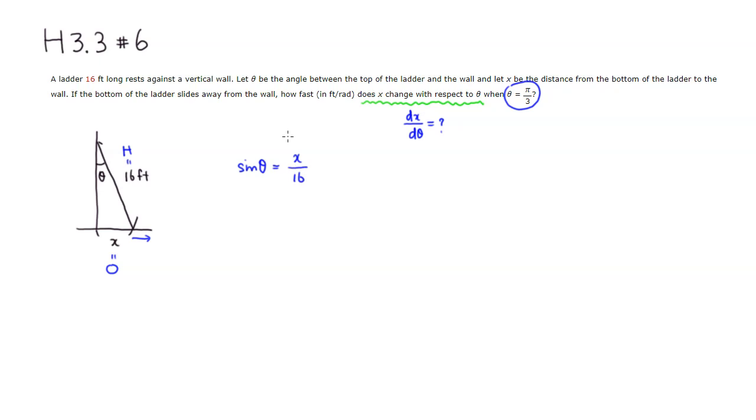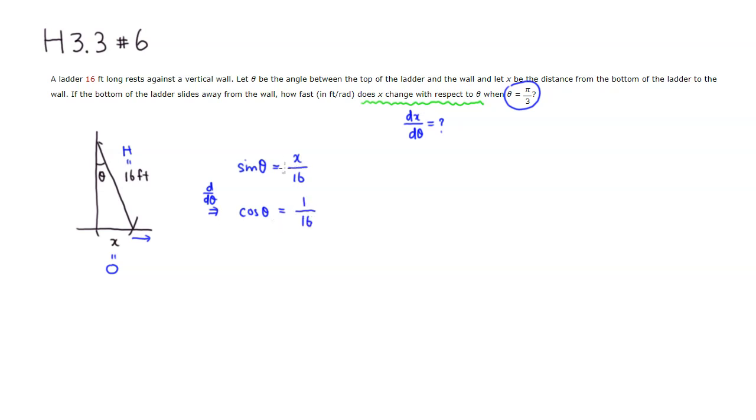Then we're interested in finding dx over d theta. So what we need to do is take the derivative with respect to theta. If you take the derivative of sine of theta, you get cosine of theta. And then 1 over 16 is just going to be a constant.